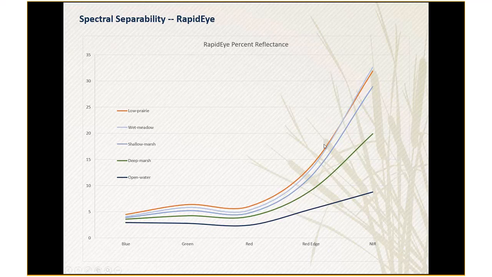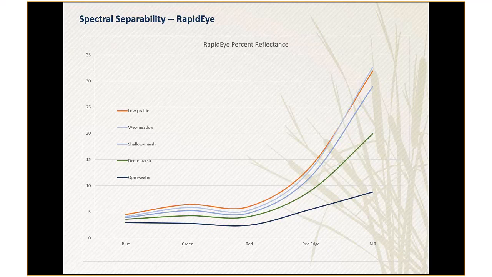You can see we have quite a bit of confusion between the low prairie and wet meadow, which is not surprising, as they're confused in the field as well. But we're able to separate out the other classes from the imagery pretty well.